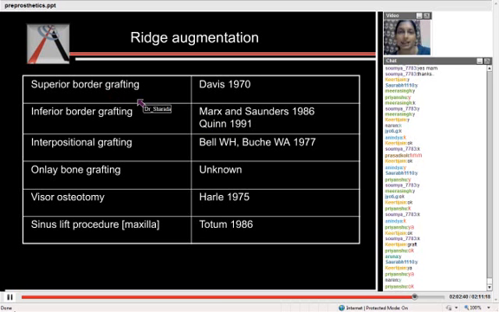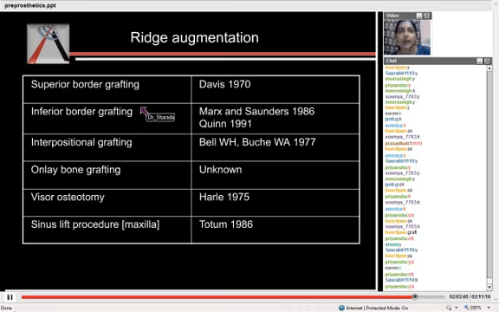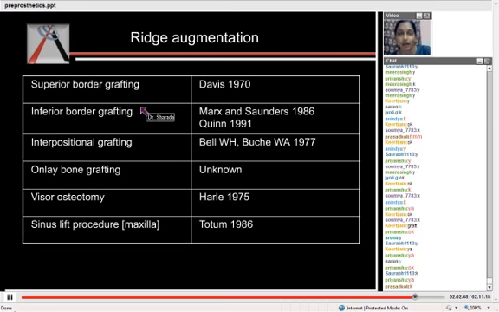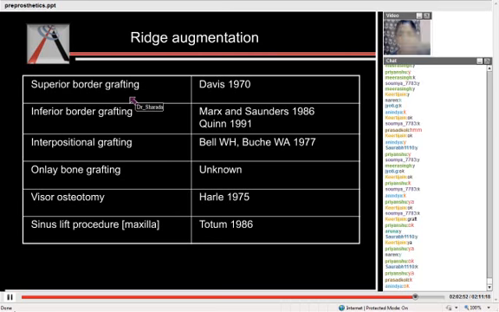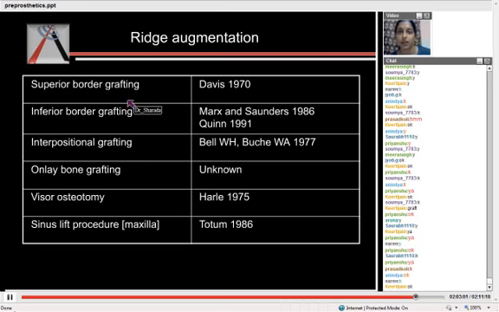Iliac crest grafting is done piece by piece. You have to fill it and add a little bit of hydroxyapatite crystals, etc. But rib gives you a clean single graft. The disadvantage is it's very bad for the donor side, the rib cage. So it's usually not done.